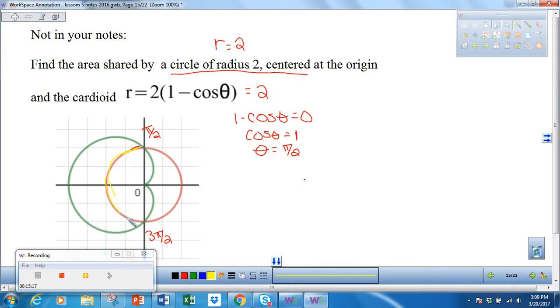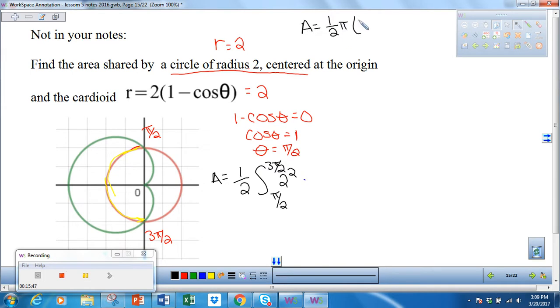And because I'm sweeping this way, my integral will be set up from pi over 2 to 3 pi over 2. And I'm using the red circle only. Now, just FYI, I didn't have to really take an integral to find the area of that circle. I could have just used the area of a semicircle, 1/2 pi r squared. And that should be equivalent to this.